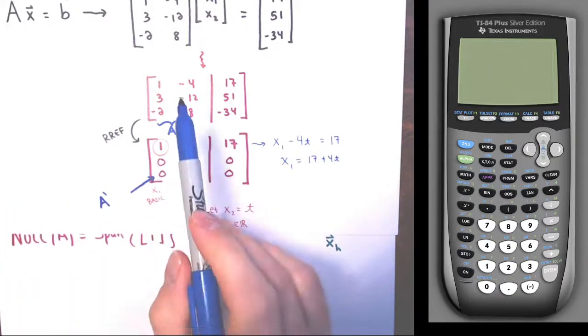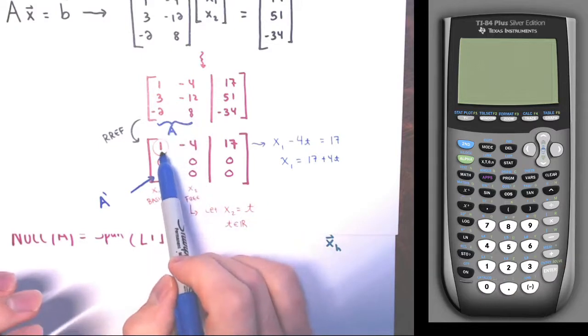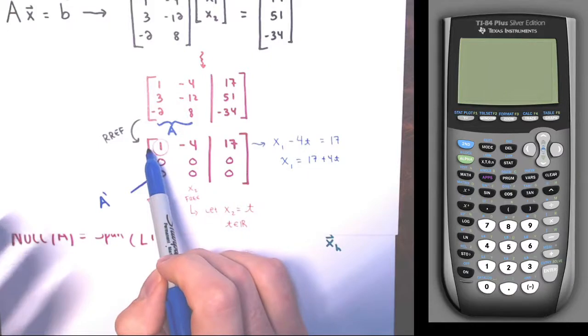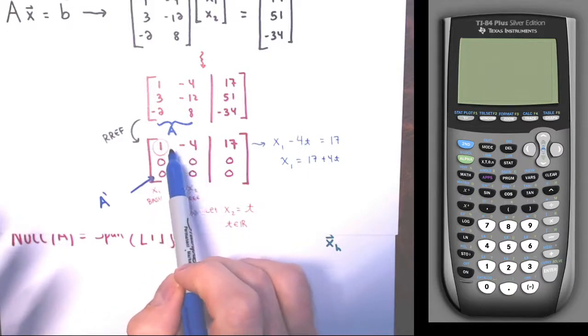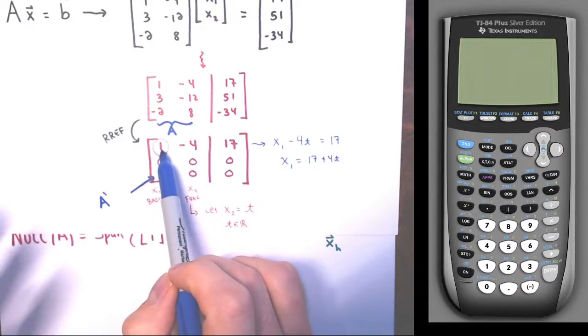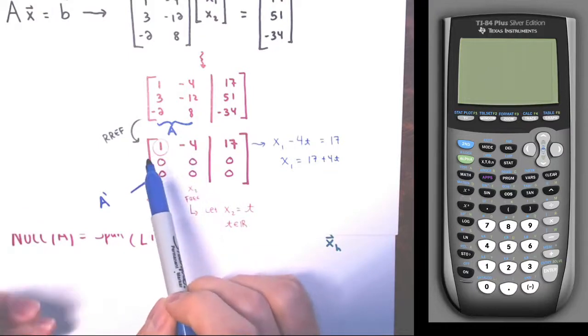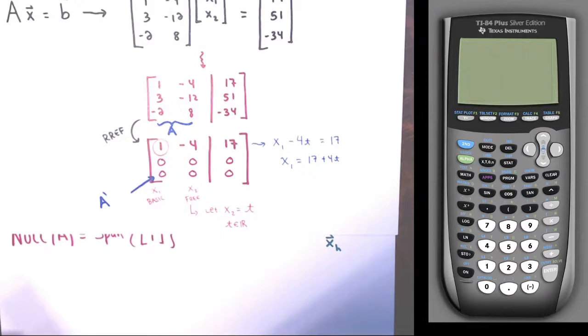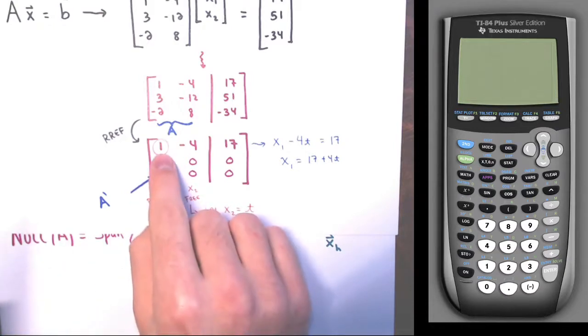If you remember, in reduced echelon form, the pivot rows, the rows with those leading ones, made up a basis for the row space of the original matrix. So the row 1, -4.